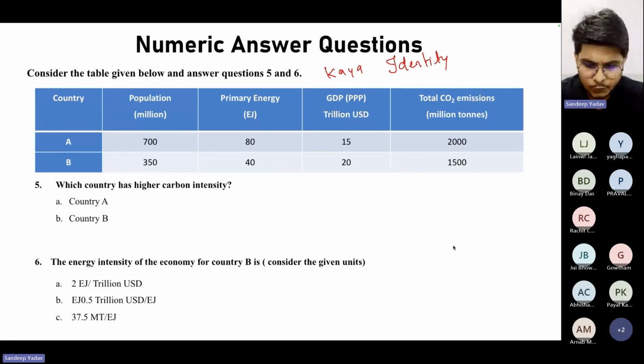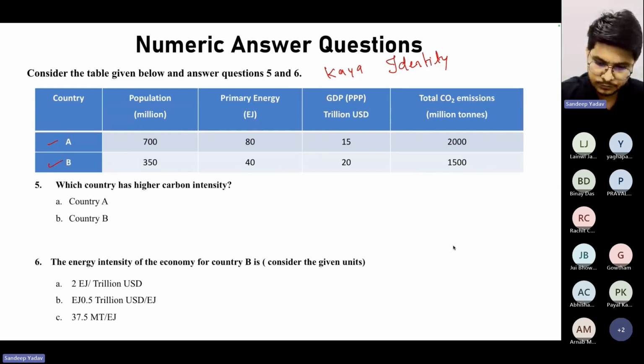There are two countries, country A and country B, having different populations, 700 million people and 350 million people. Their primary energy consumption in exajoules is 80 and 40. The GDP in trillion USD is 15 and 20. And the total CO2 emissions generated are 2150. So now, which of these countries has the higher carbon intensity?